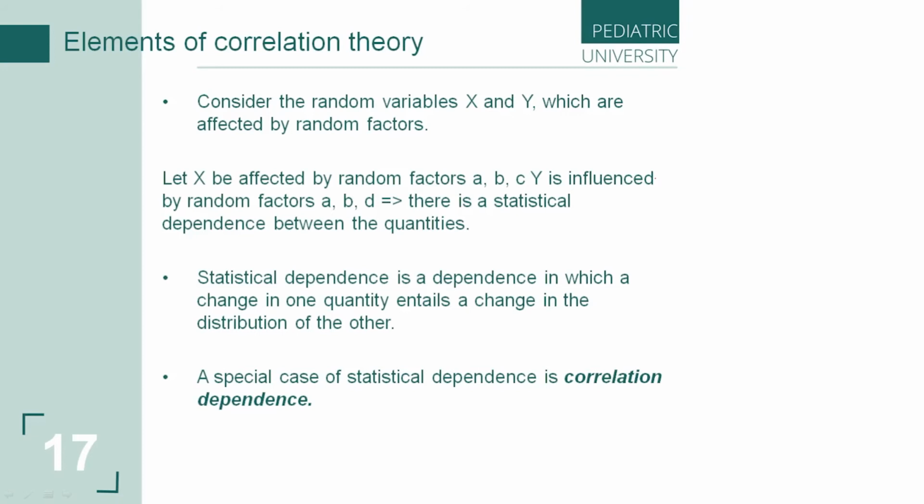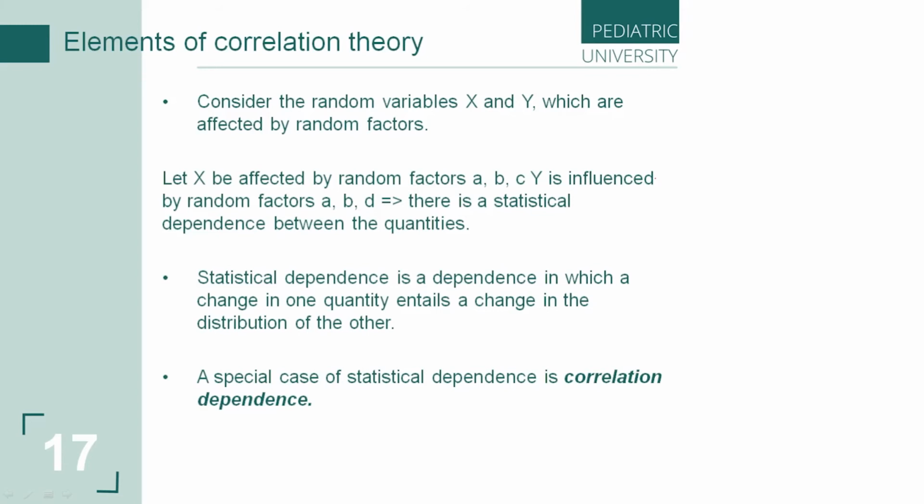Suppose we have two random variables, x and y, that are affected by random factors. If variable x is affected by random factors a, b, c, and value y is affected by random factors a, b, d, then we say that there is a statistical relationship between the quantities.